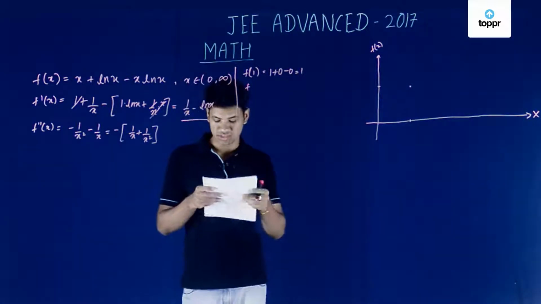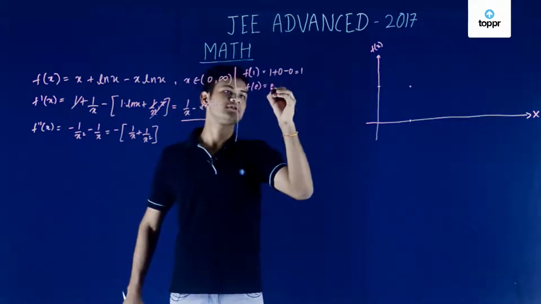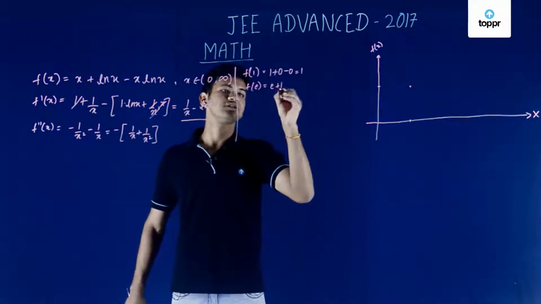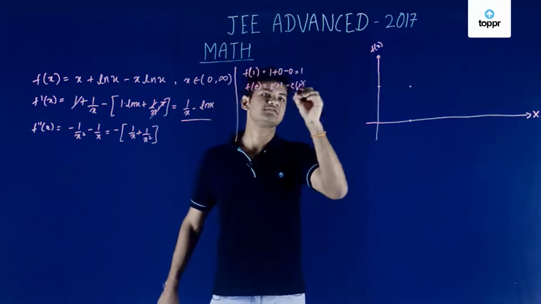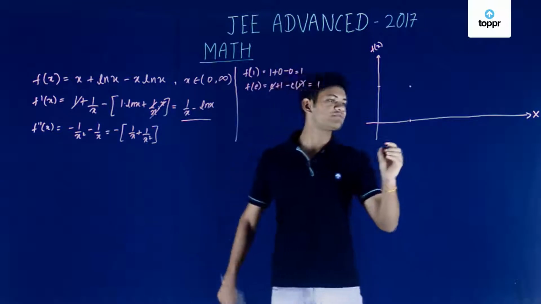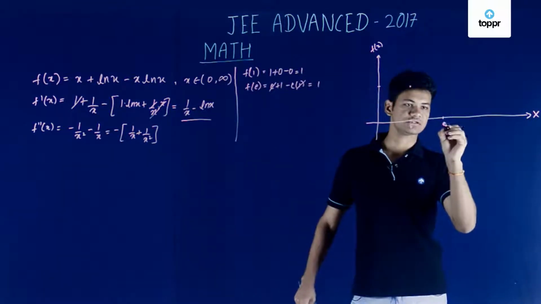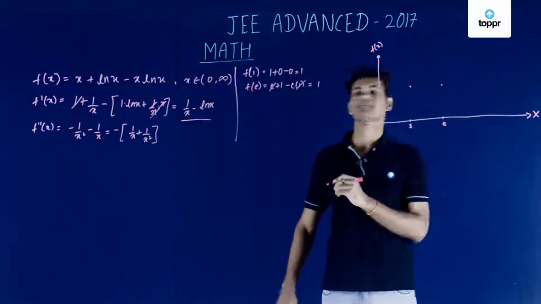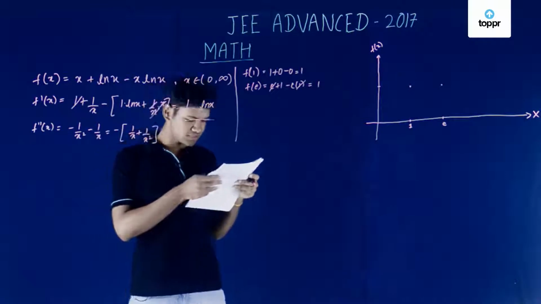Then now let us see f of e. f of e comes out to be e plus 1 minus e times 1, which is again 1. So f of e is also 1.